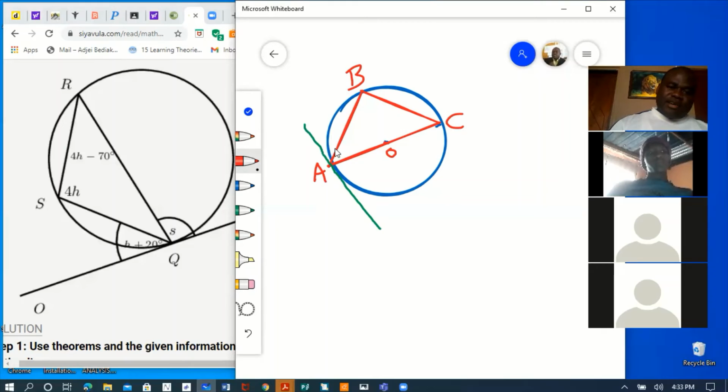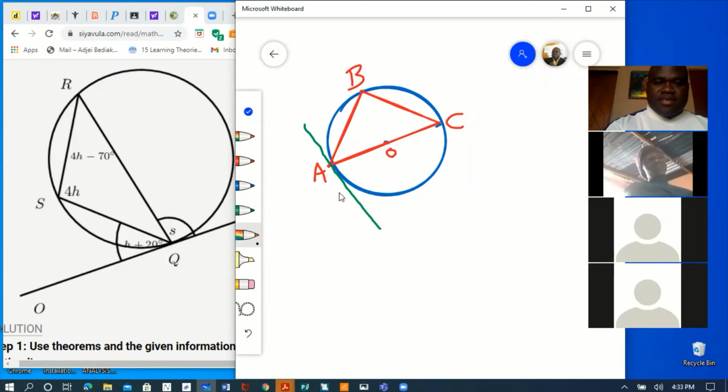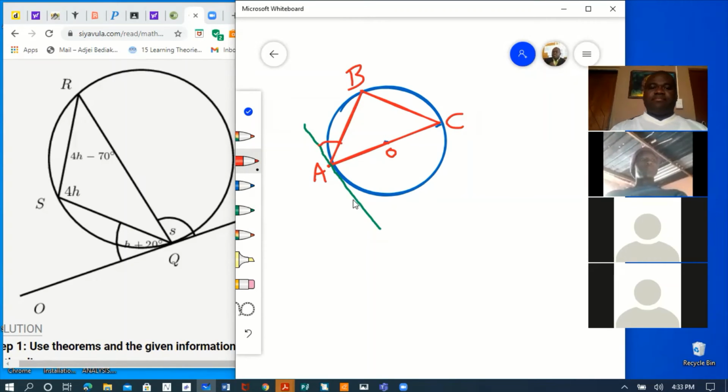This angle you see outside here is an angle between what and what? It's a chord and a tangent. It's an angle between a chord and a tangent, ne? Which chord is that? Chord AB, and the tangent is the green one.